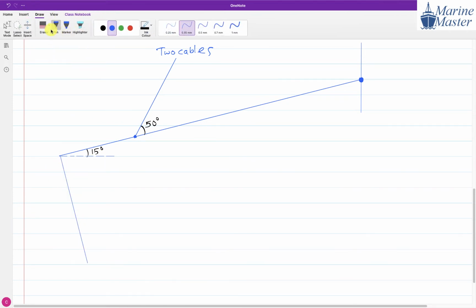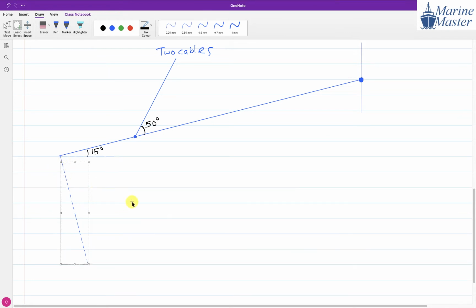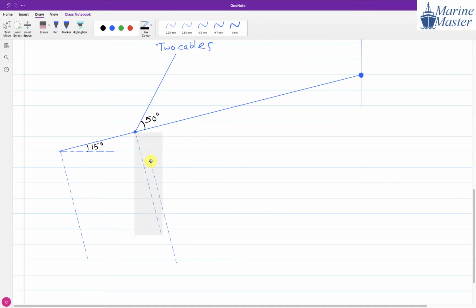So this dotted line is perpendicular to the ramp. Another dotted line we will draw at this position, and then another at this position. So here we have drawn three dotted lines.